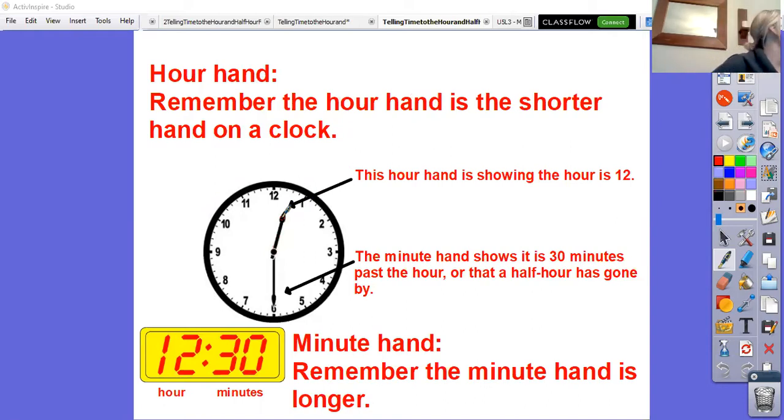Let me actually pull out my clock. All right, so I'm going to show you this. Remember, our hour hand is the shorter one. Our minute hand is the longer one, okay? And again, when we're talking about the half hour time, we're talking about the minute hand being halfway around the clock.